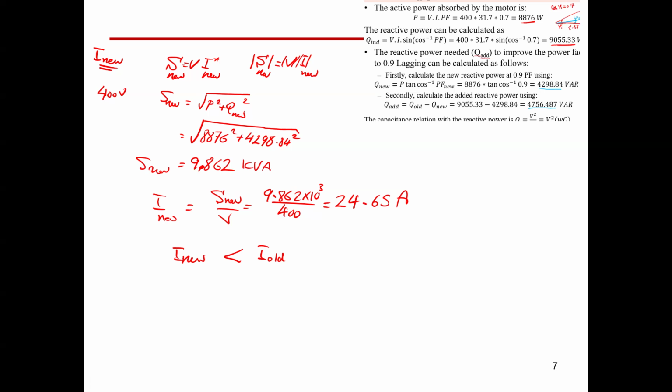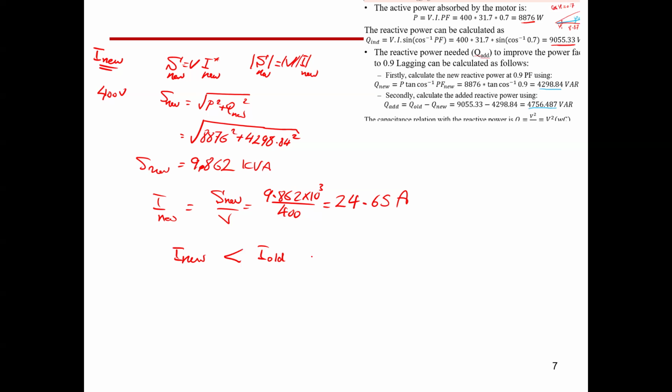But the distributor will supply you with less current, which means by the end, the supply does not need large conductors or cables to provide you with the amount of power you need. So this saves money for the distributor. This saves money for the grid distribution.